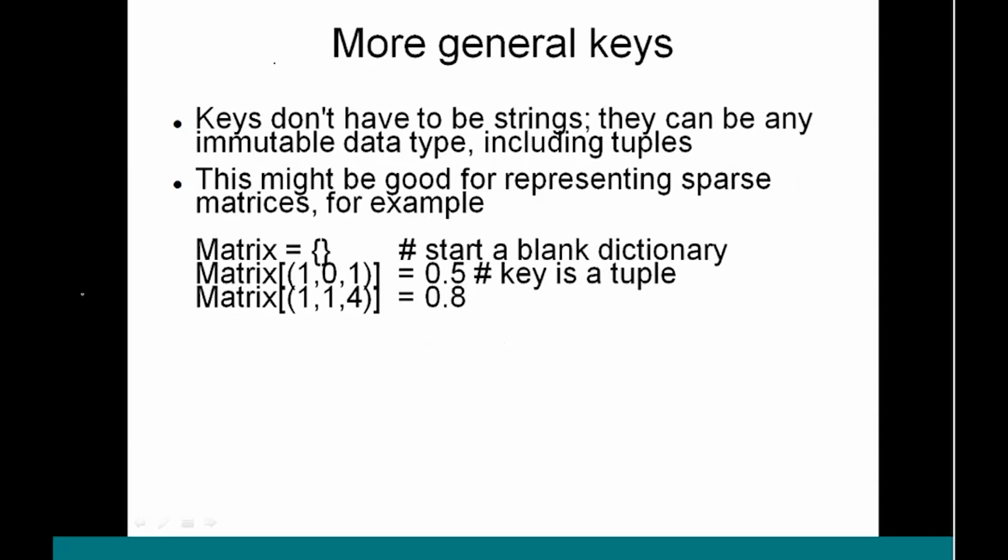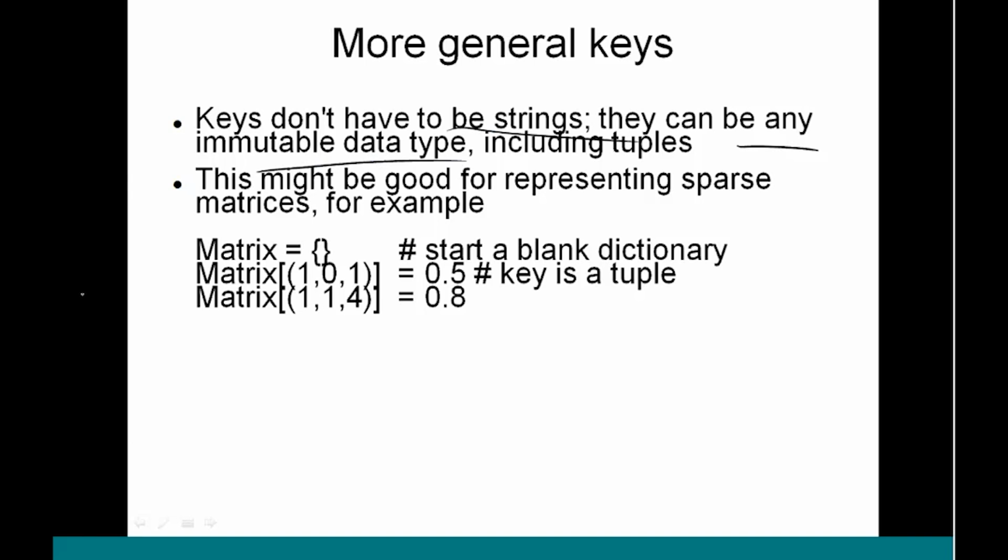Some general key instructions: keys don't have to be strings. A key can be any value of an immutable data type, including tuples. This particular property is good for representing sparse matrices.